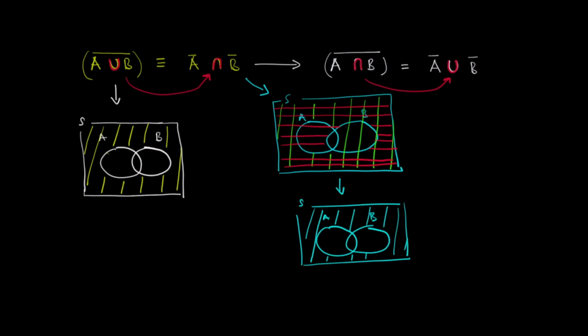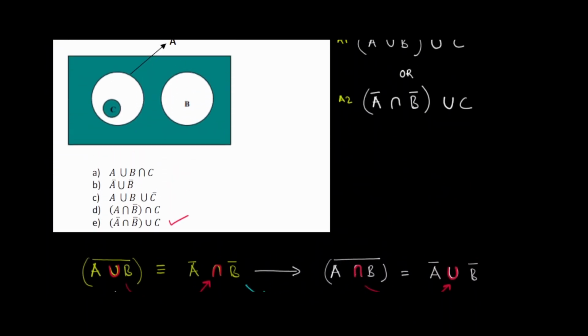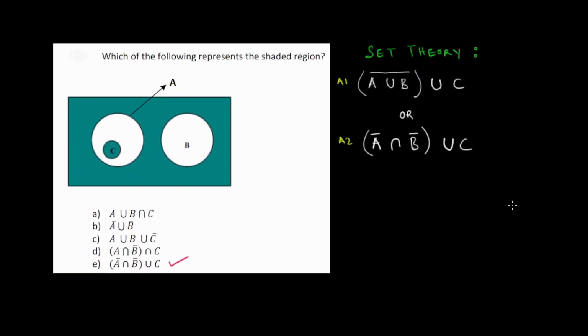But we also have a long way to go. Of course, we know our answer, but we just don't want to leave it there. So what I'm going to do is, on this space here, I'm going to be drawing up these other options to disprove them.